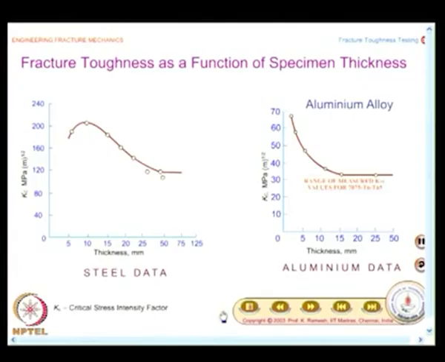And you also looked at these graphs. When you look at steel, the fracture toughness varies like this, and it becomes a constant only after a particular thickness, and if you investigate, this was really ensuring plane strain condition at the crack tip.